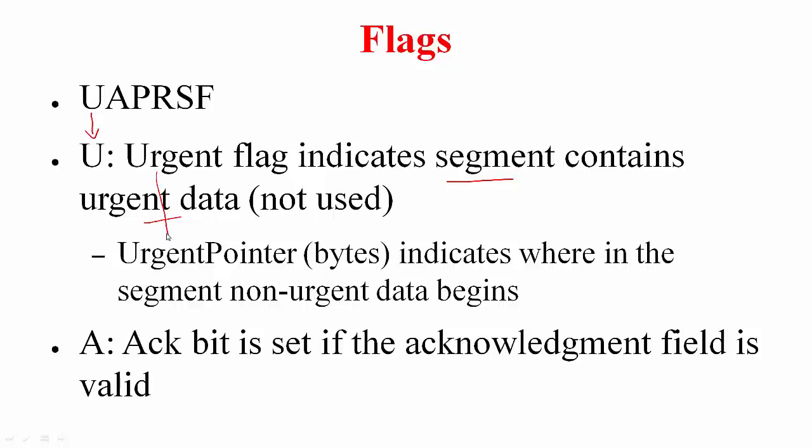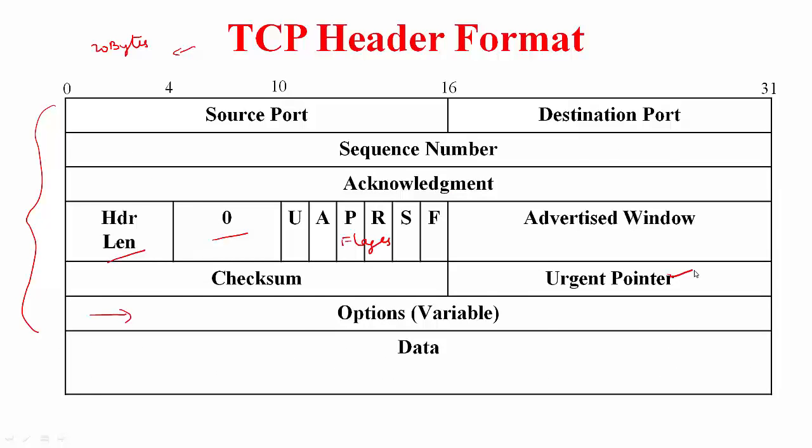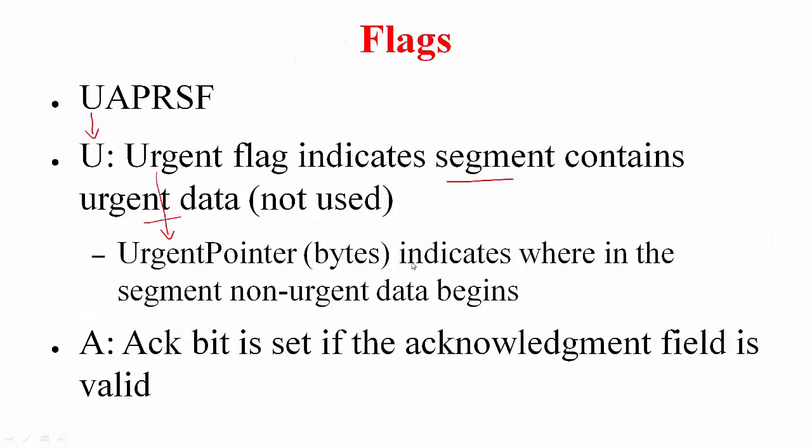And this urgent field is associated with an urgent pointer. So that's here. And this urgent pointer specifies where in the segment non-urgent data begins. So there is an assumption here that the urgent data begins right after the header. And this specifies in bytes what is the length of the urgent data.